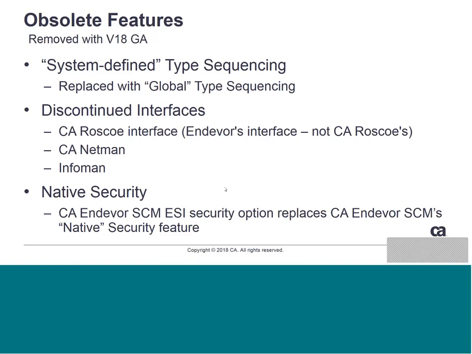But it couldn't keep up with the demands of what we have today, especially with the long element name support and other things within Endevor. So we've dropped the native security feature, and ESI is the official way to go going forward.